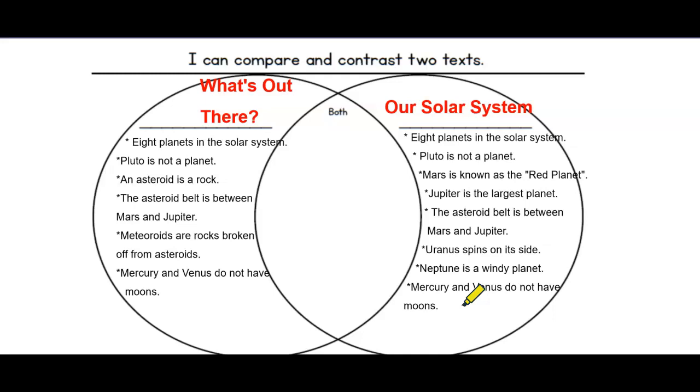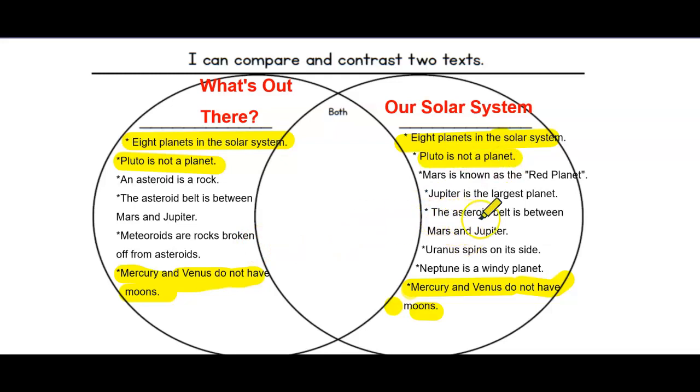Can you help me identify what both articles have in common? Yes, they both talk about there are 8 planets in our solar system. They both talk about Mercury and Venus not having their own moons. They both talk about Pluto not being a planet.